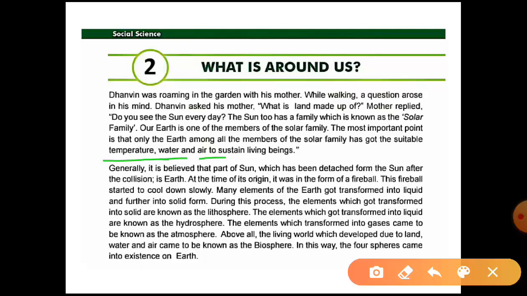Remember, at first the earth was a fireball. After cooling down, different elements transformed: some into solid, known as the lithosphere, some into liquid, known as the hydrosphere, and some into gaseous form, known as the atmosphere.